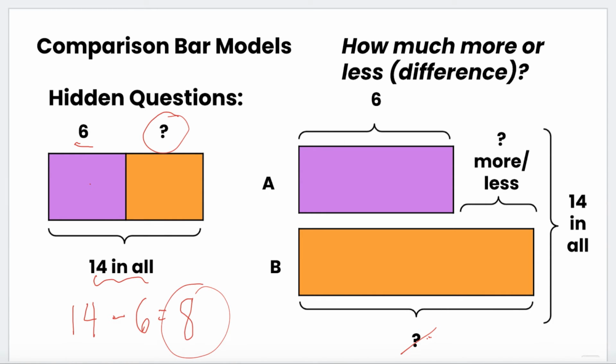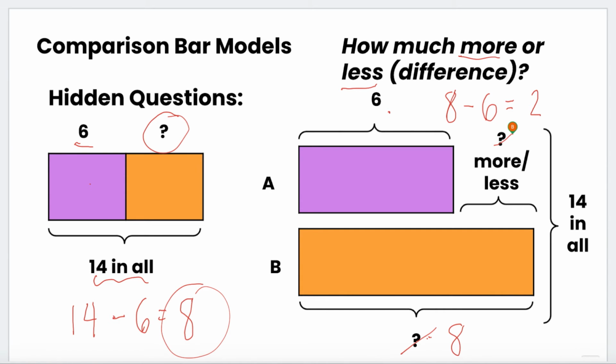Because when I see these words, less or more, when I'm trying to figure out the difference between two values, I want to see the comparison. So now I can compare 8 orange Starbursts and 6 purple Starbursts. I have 8 orange minus 6 purple, and that will give me 2 as my difference.